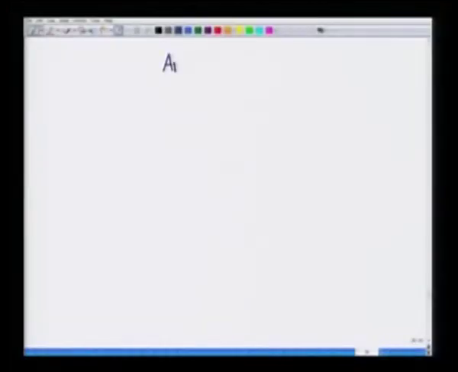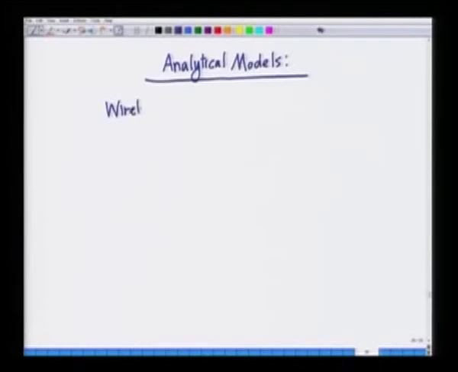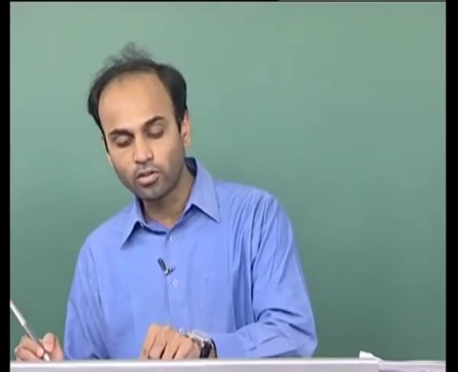analytically model a wireline communication system, let me just compare analytical models of wireline and wireless communication system. In a wireless communication system, we said that the received signal y_b(t) equals h times s_b(t), where h is the complex coefficient, and now we can also give it a new name.